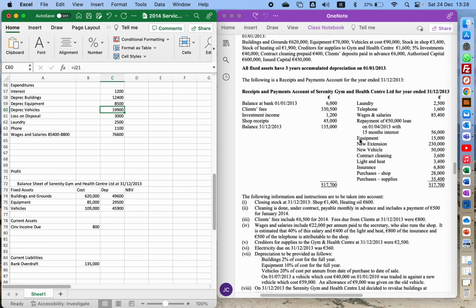Okay, new extension. So new extension happened during this year, so that means my buildings and grounds have also gone up. So we're going to have the same situation here. So I'm going to have to fix this number. So it's going to be 620 plus 230, which is 850. So the depreciation expense then is going to be 620 times 0.06.